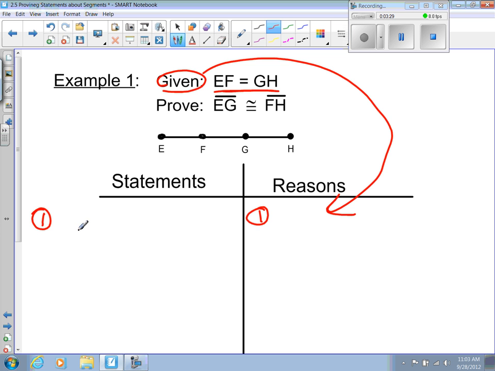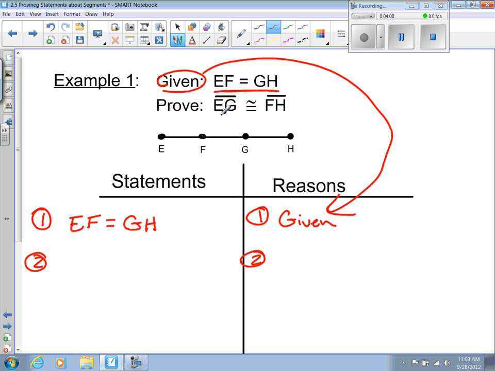Remember, 90% of your proofs are going to start with the reason given. It'd be an easy way to see who's watching their videos, if they know how to start their proofs. Getting started is half the battle usually.